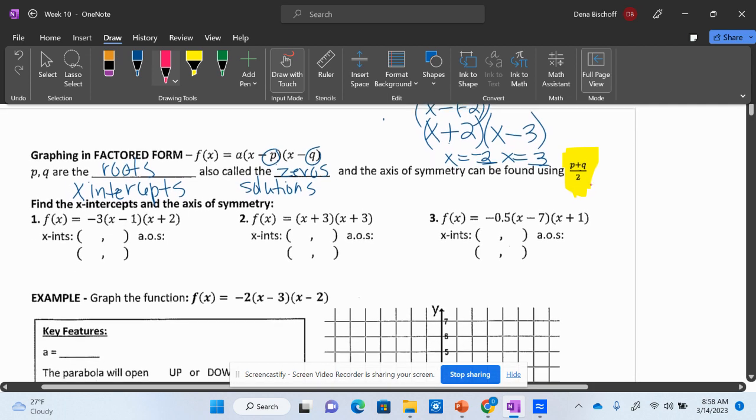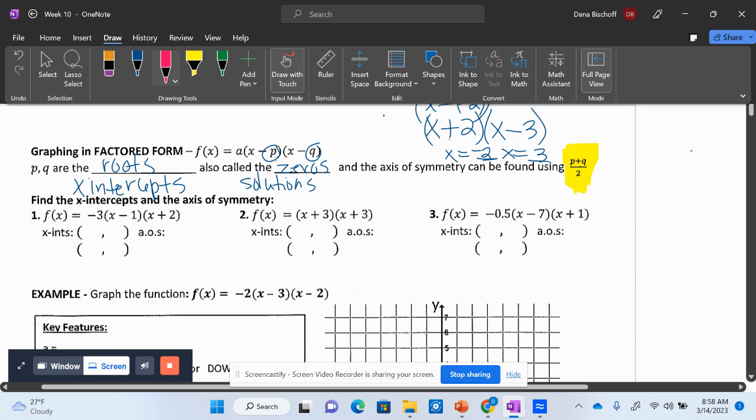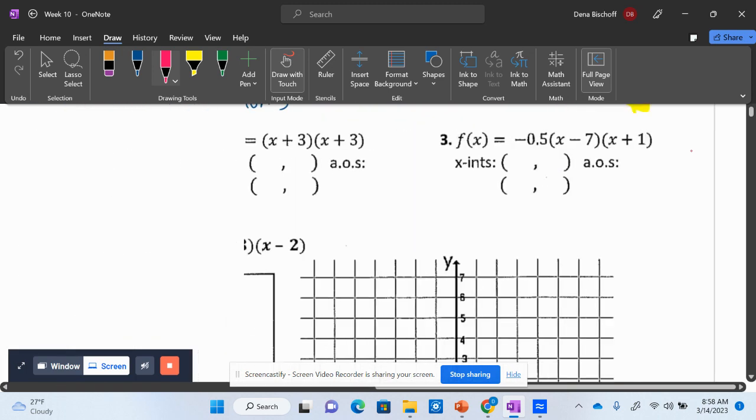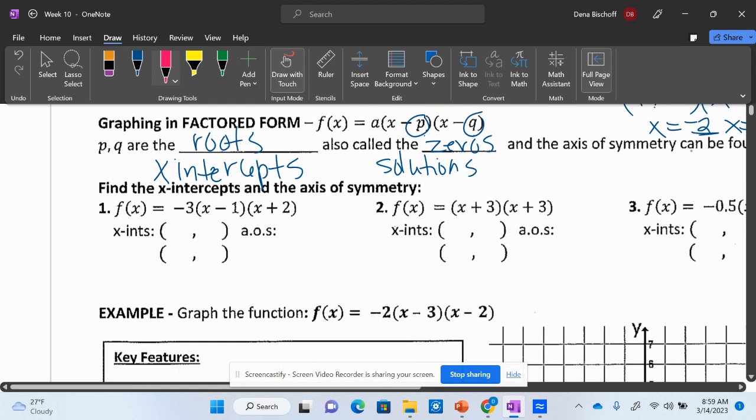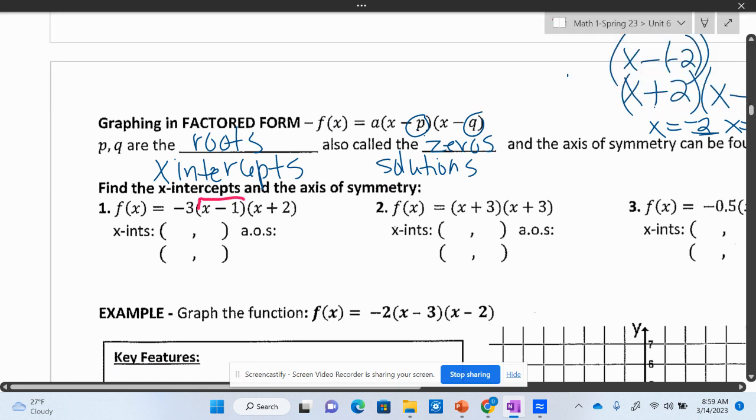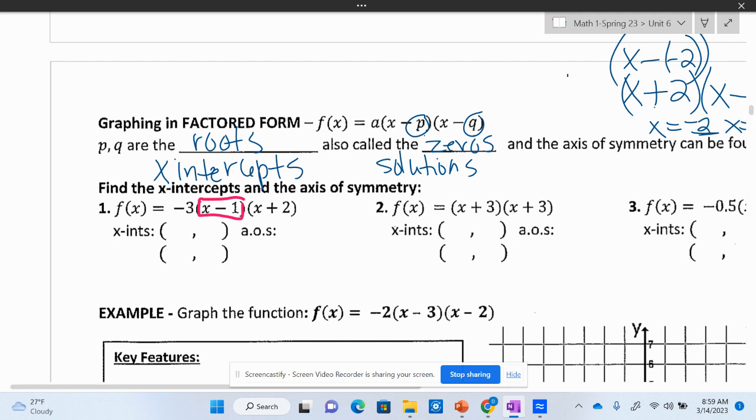So let's first of all look at this first equation right here. So what is the first root? So it's the ordered pair 1, 0, right? Because the x-intercept happens when y equals 0.